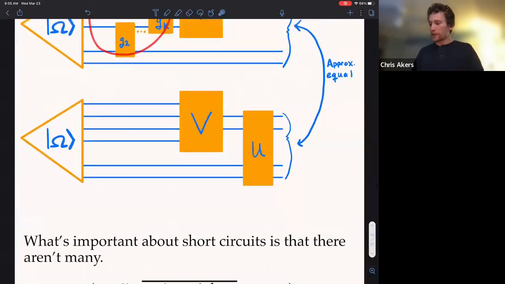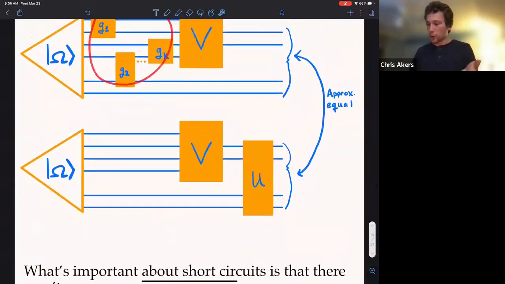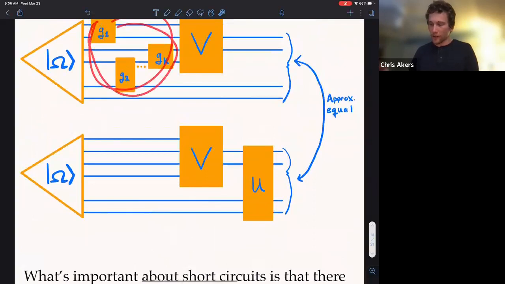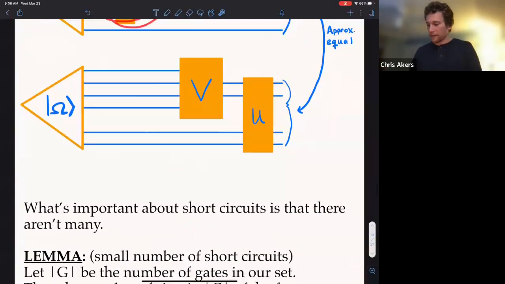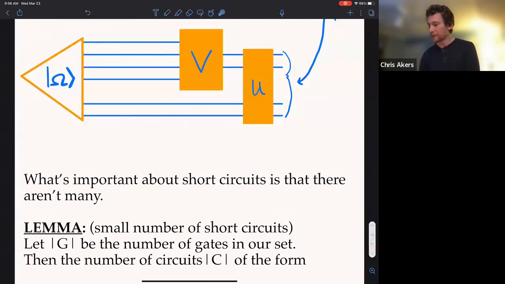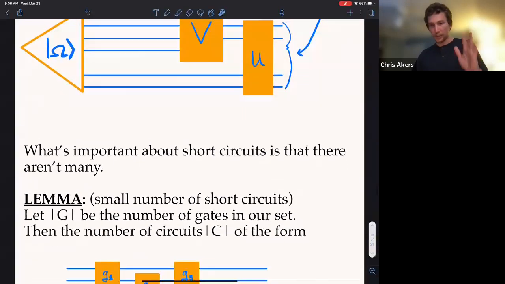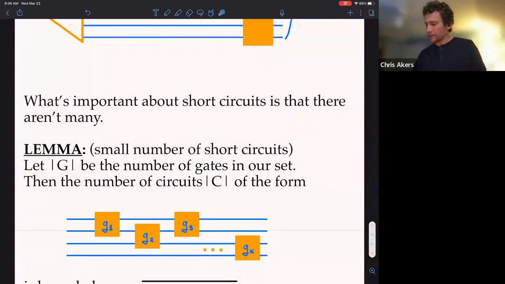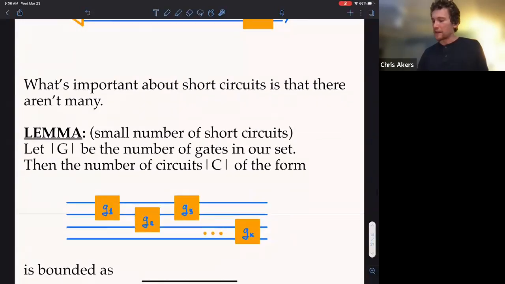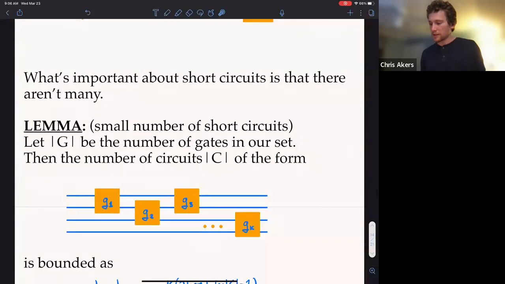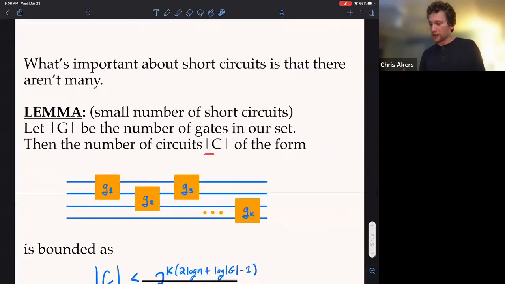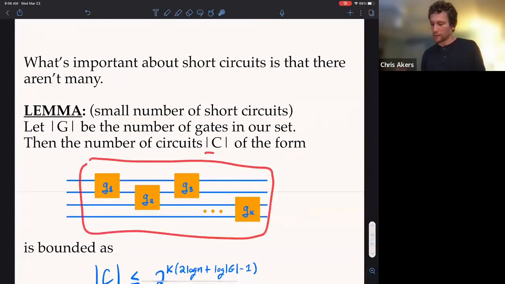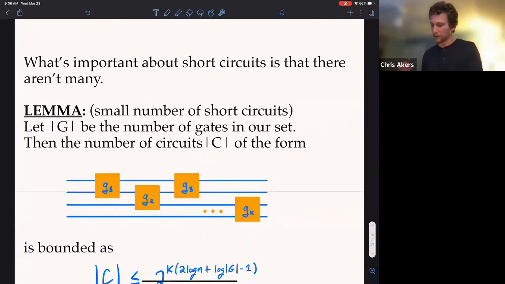Okay, so what's important about short circuits, so circuits that aren't very long, is that there aren't many of them. So here's a lemma that quantifies that. Let G be the number of gates in our gate set, and then the number of circuits, which we'll say is C, all of which take this form, has an upper bound.